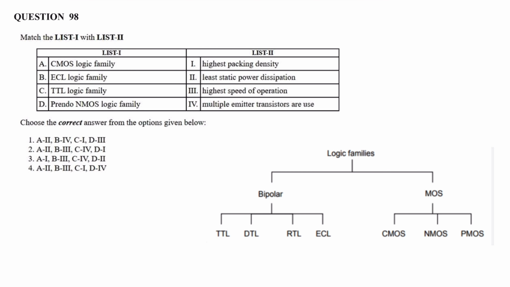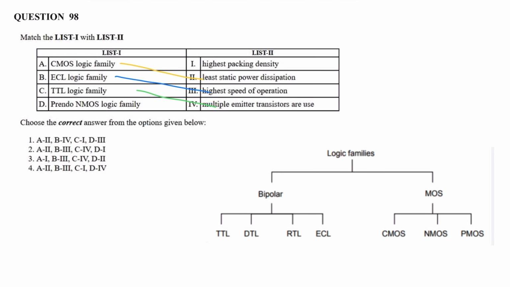Now let us see here the CMOS logic family. For CMOS logic family, least static power dissipation, A matches to 2. ECL logic family, highest speed, fastest is ECL. TTL logic family, multiple emitter transistors are used in TTL.